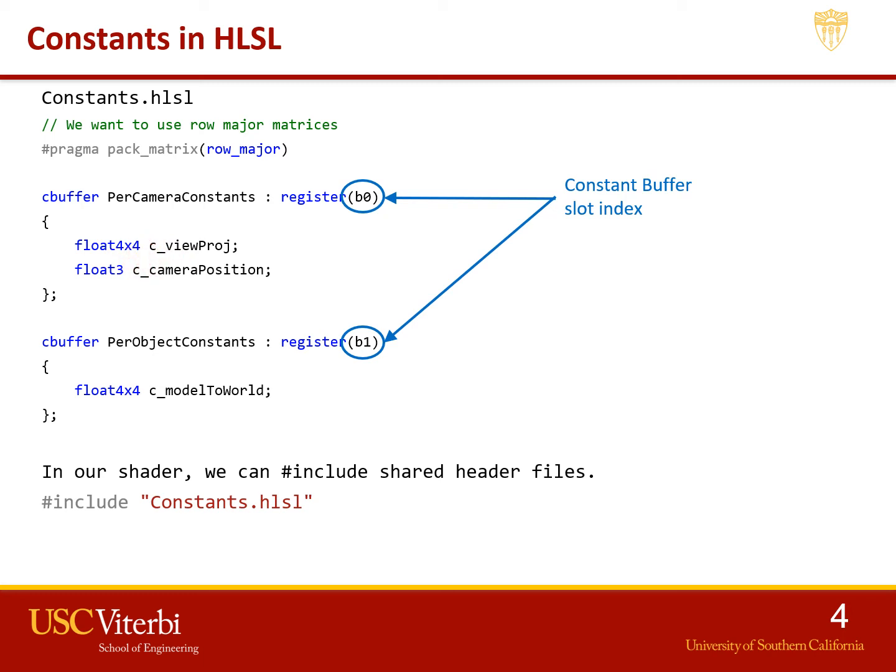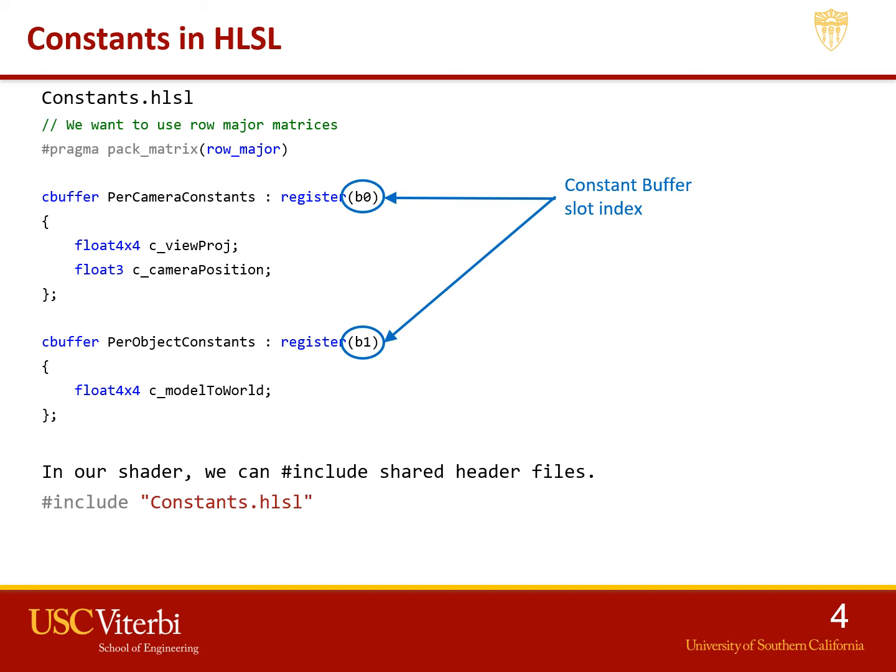And then I can just reference cviewproj. Anywhere I reference cviewproj in the HLSL, the compiler will know that what I'm saying is whatever's in register B0, use the first matrix 4 that you find there.